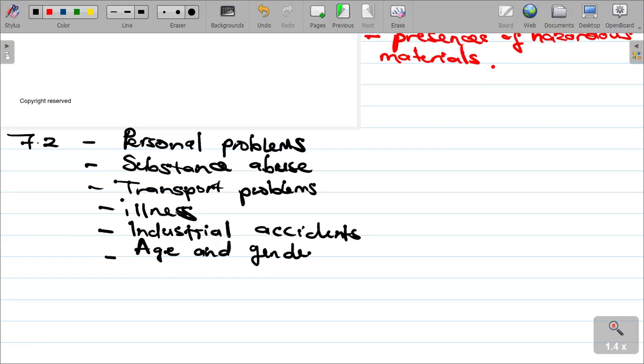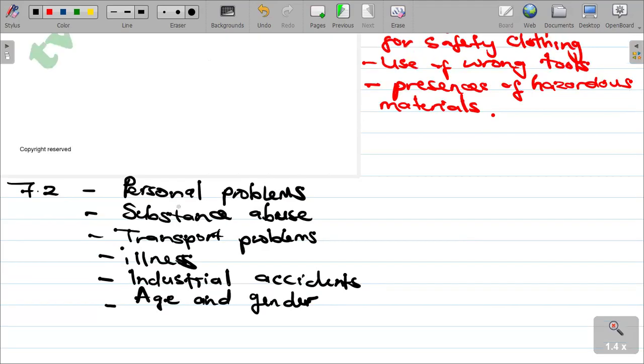If it's for a female, sometimes it might be due to problems or illness associated with what? With women, right? So it might also cause an individual to be absent at work.